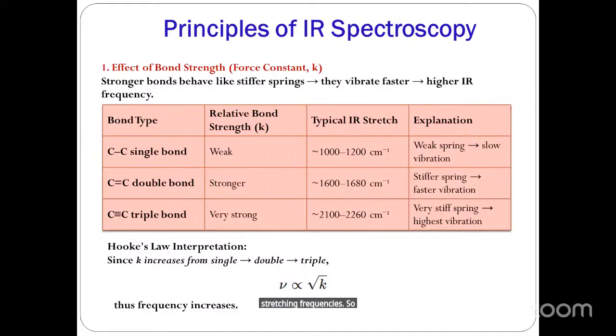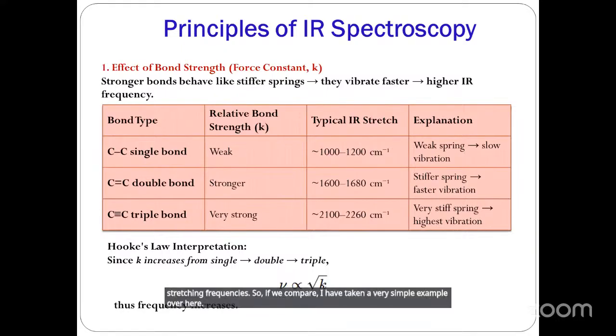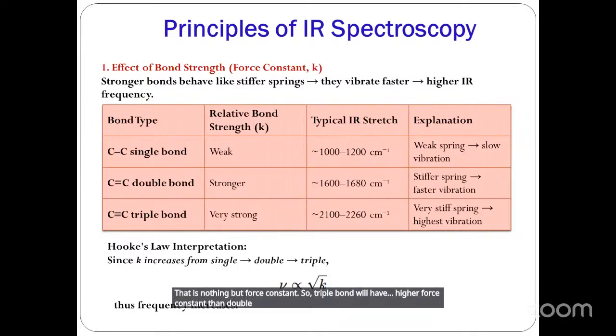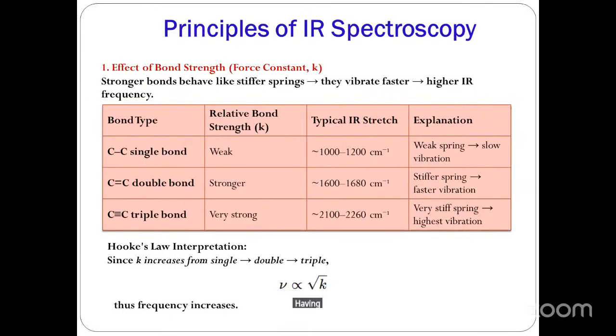I have taken a very simple example here: carbon-carbon single bond, carbon double bond carbon, and carbon triple bond carbon. If we compare the bond strength, which is nothing but force constant, the triple bond will have a higher force constant than the double bond, which in turn has a greater force constant than the carbon single bond.